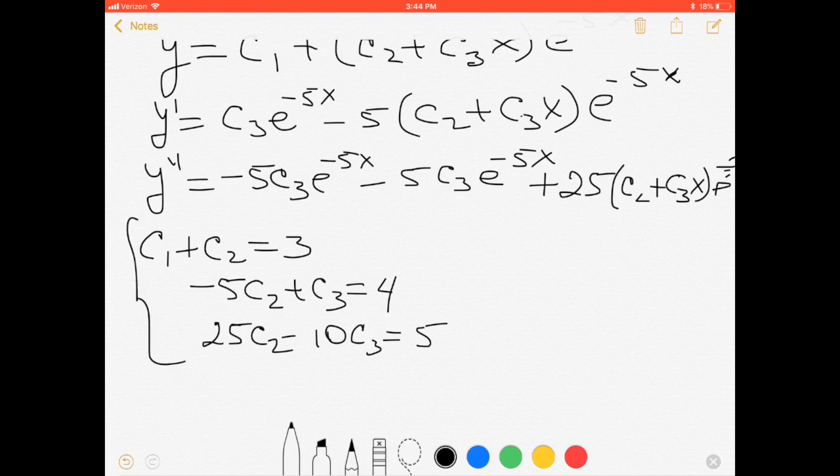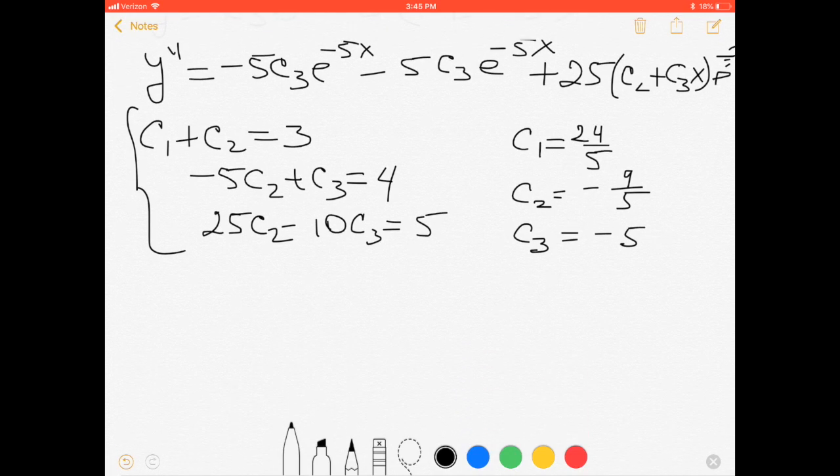Solve this system. I think it's no problem. We have C1 equals 24 over 5, C2 equals negative 9 over 5, and C3 equals negative 5.